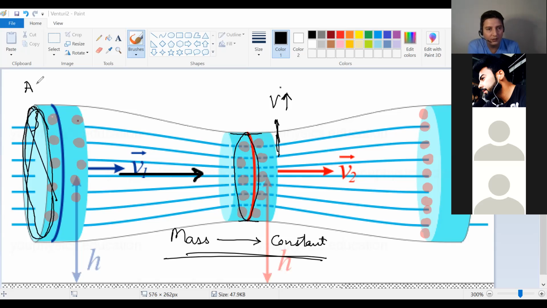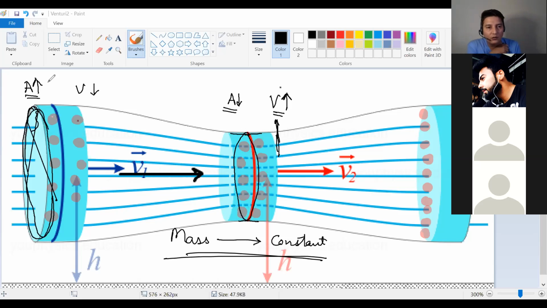This one is bigger. Okay. So we'll put an arrow which denotes big. And here we'll put an arrow which denotes small. Okay. So when the cross-sectional area is small, velocity is high. When the cross-sectional area is big, velocity should be less. Yes. Okay, we've understood this much.